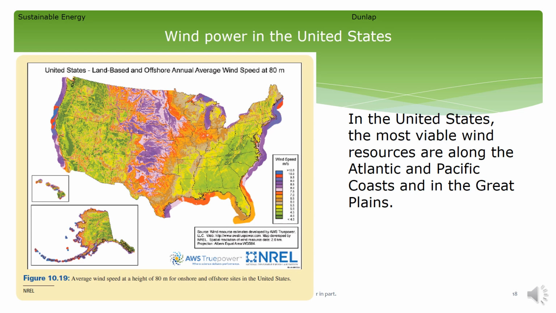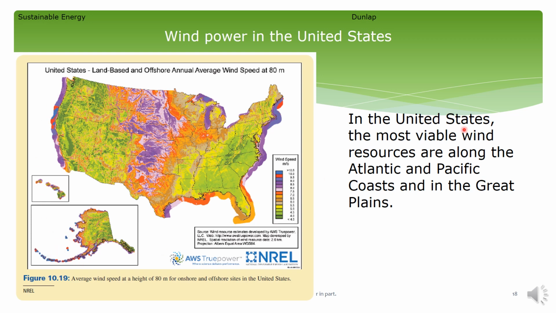Wind power in the United States. This figure shows the average wind speed at a height of 80 meters for onshore and offshore sites in the United States. And as you can see here, this area has an abundant source of wind energy.